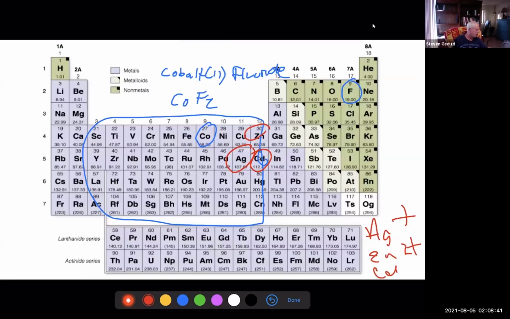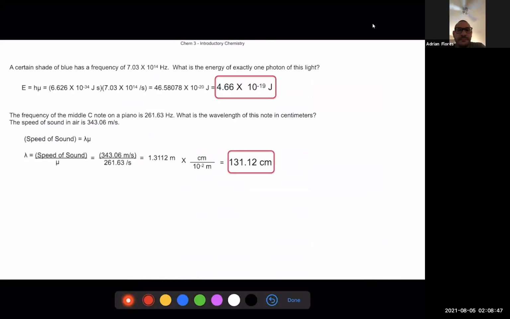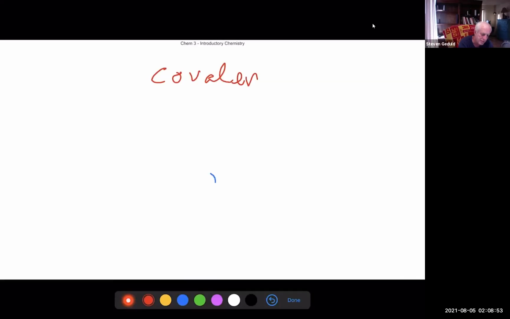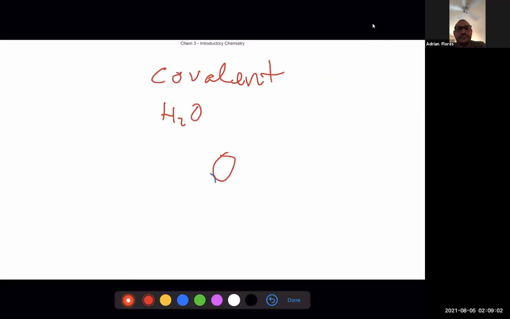So let me just show you an example of sharing electrons. Covalent compounds share electrons. If we take water, H2O, oxygen has 1, 2, 3, 4, 5, 6 valence electrons, and hydrogen has 1.